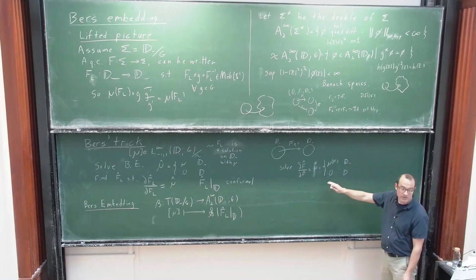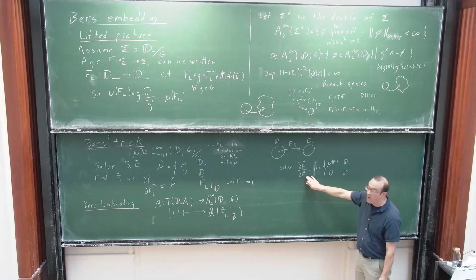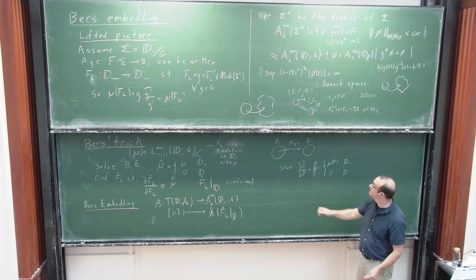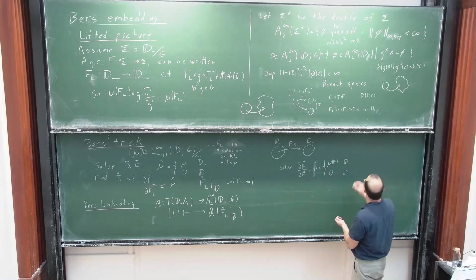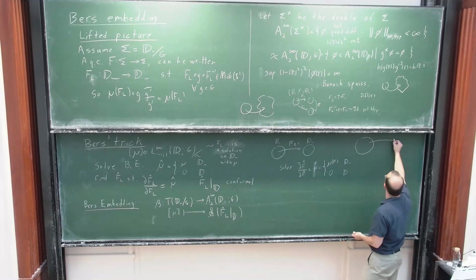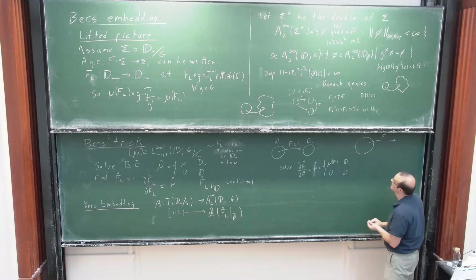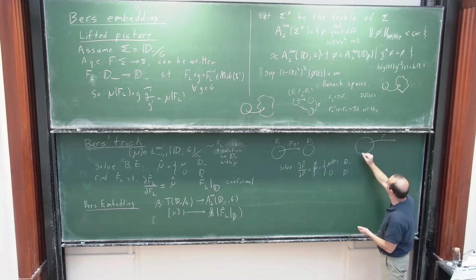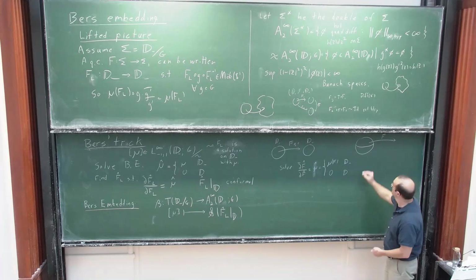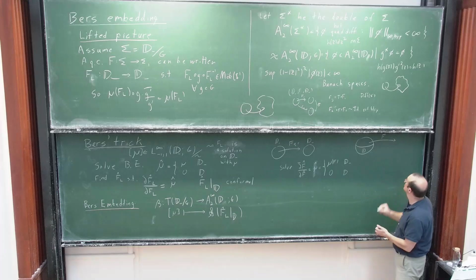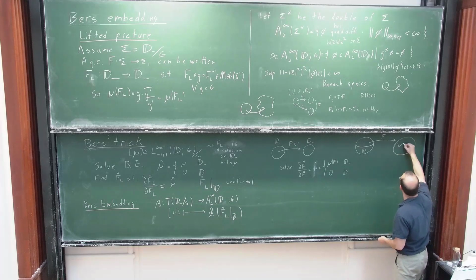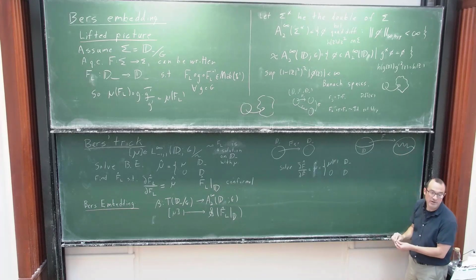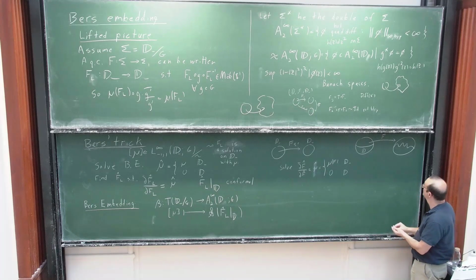So then that means what you get is now a quasi-conformal map of the whole sphere. And it now takes the disk conformally onto what's called a quasi-circle. That's an image of the circle under a quasi-conformal map.